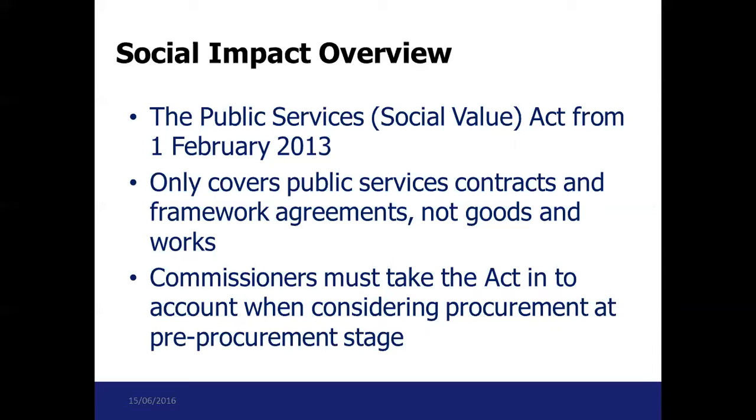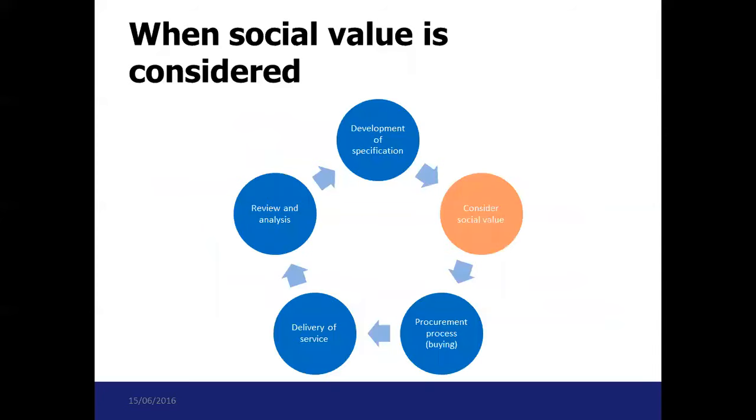And what this actually means in reality, how it works, is that when a commissioner is looking to develop a tender or a specification for a service that they require, they must then consider the social value at that point before they go out and start the tendering and purchasing or procurement process.